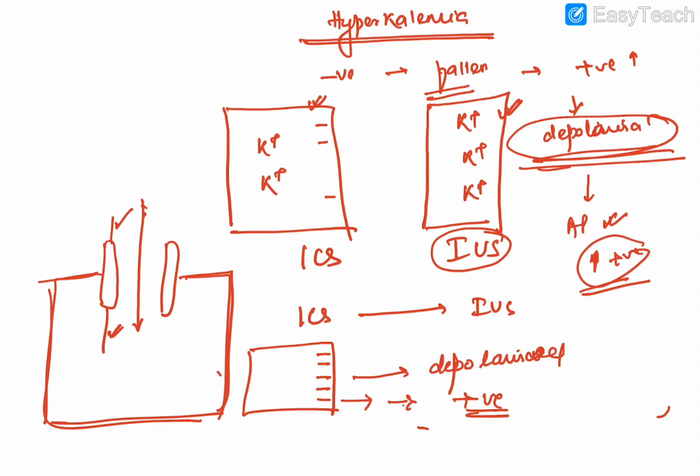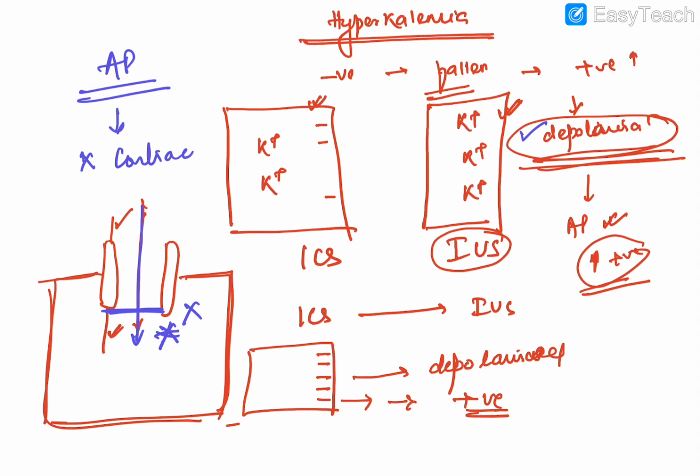Once the cell is mildly depolarized, this inactivation gate closes. Inactivation gate closes in cases of mild depolarization, and sodium cannot enter inside, and hence there is no action potential development. And no action potential development means that the muscle will not contract, and there is the classical finding of weakness in these patients.